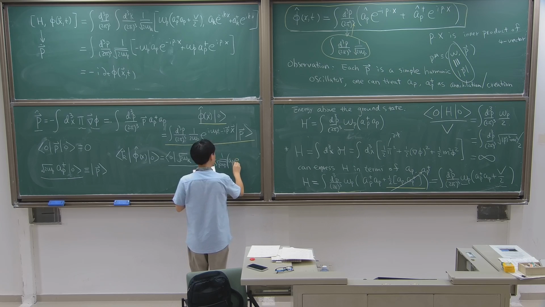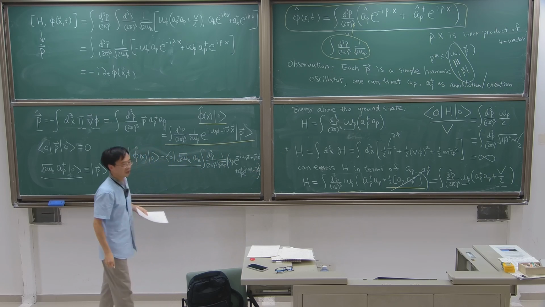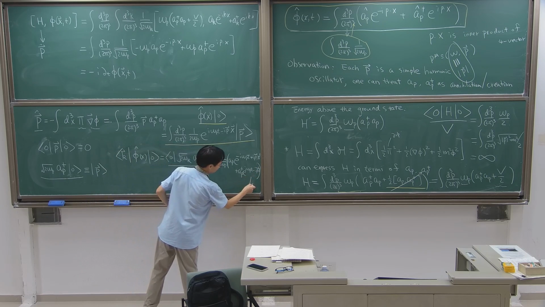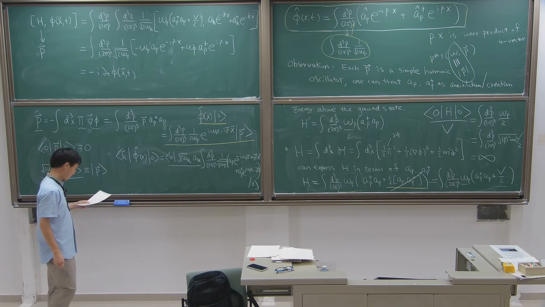This is a_p. Write everything explicitly. These operators now finally act on the ground state. So this is the thing I should plug in.